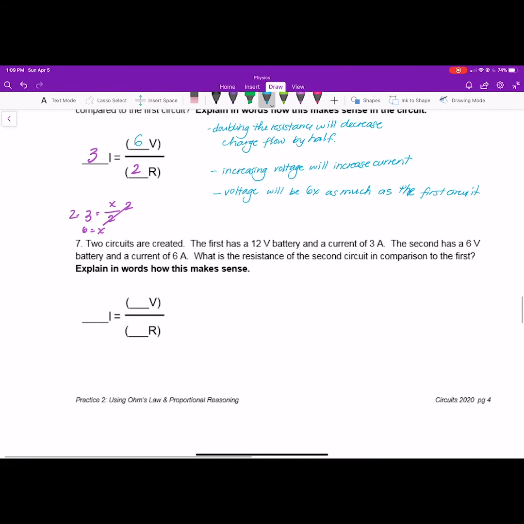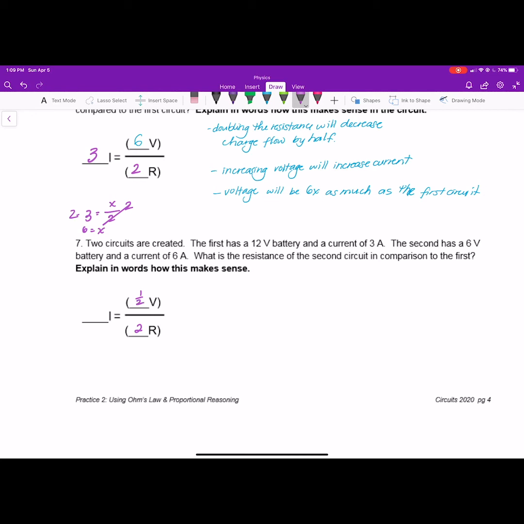All right, and so the last one, we have 2 circuits created. The first has a 12-volt battery and a current of 3 amps. The second has a 6-volt battery, so that means we go from 12 to 6, which is half as much, and a current of 6. So 3A to 6A is going to be twice as much.